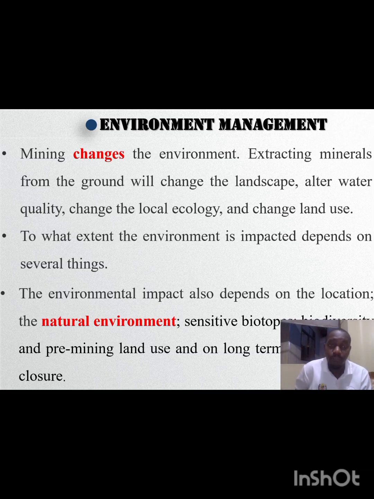But also the extent of environmental impact might differ due to the sensitive biotopes present in that area. When you say sensitive biotopes, we mean some of the ecology, or some of the living and non-living things in that particular area, are very sensitive to particular changes, and they take a long time to recover.